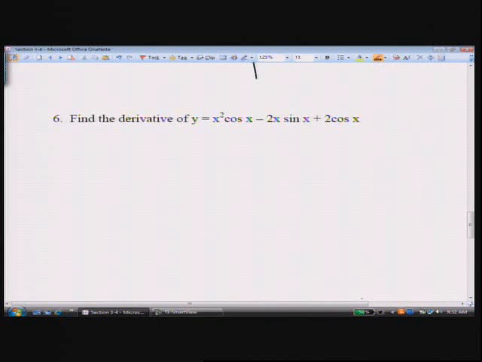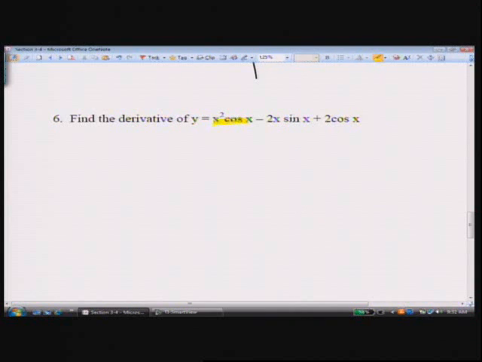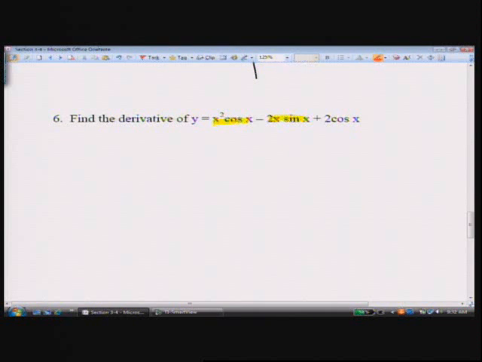So number 6 is pretty exciting because it's going to be a double product rule. We're going to have a product rule here. It's fun, too, because I get to do it in multiple colors. We're going to have a product rule on this, but then we also have a product rule on here, okay? So I'm going to do the first one, u and v in red, okay?